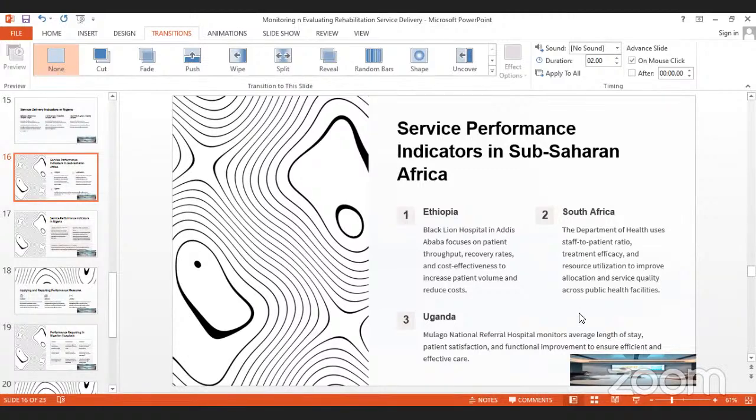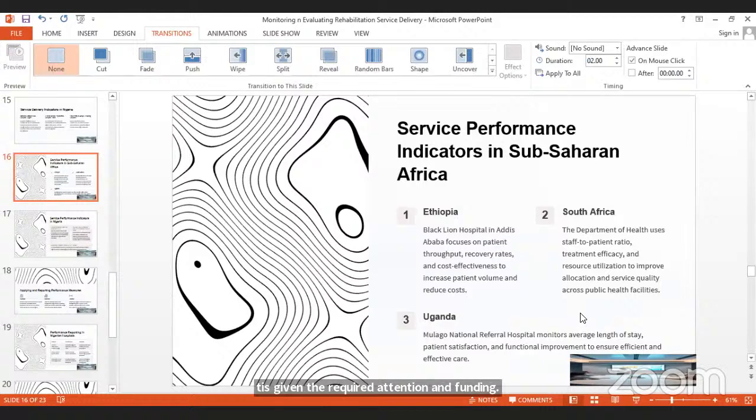And in Uganda too, right? They have a national referral hospital. I think they have only one big hospital in the country. It's not a very big country. So since it is the national referral hospital, it is given the required attention and funding and takes most of the responsibility.